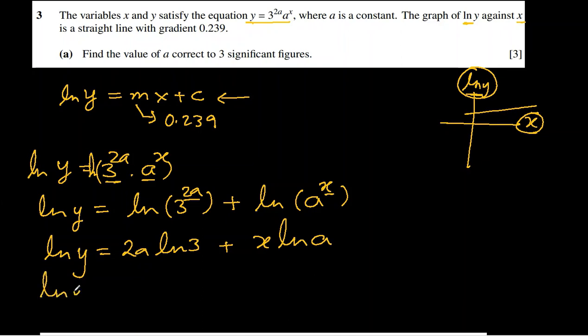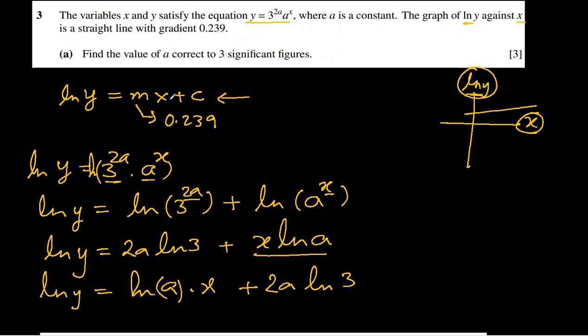So ln y equal to, let's write the x part first, that too ln a first. Ln a times x, and a and x are not multiplying, ln a and x are multiplying, plus 2a ln 3. Now compare with this equation.